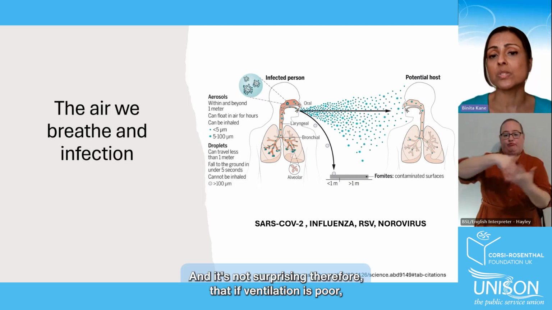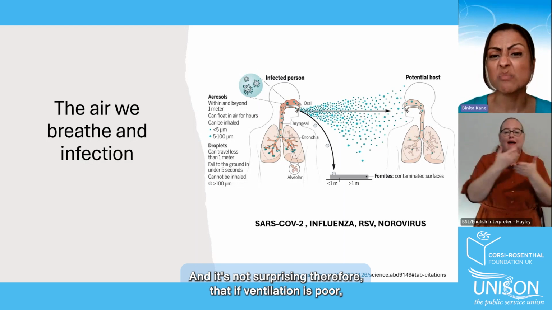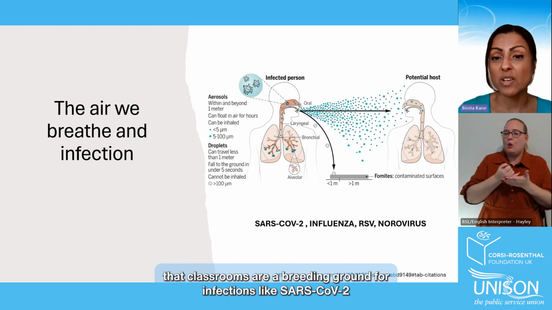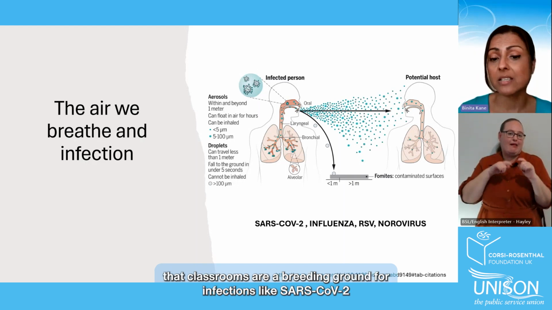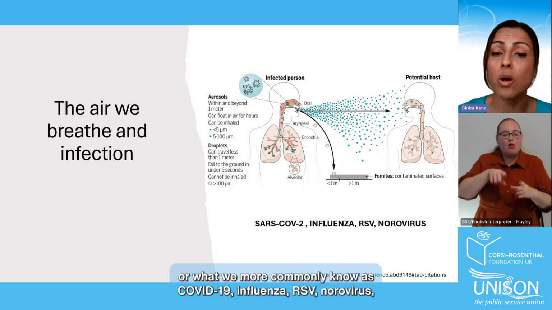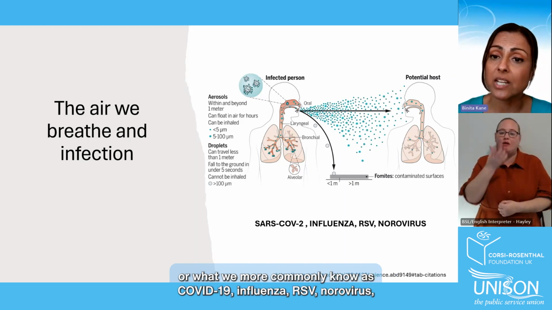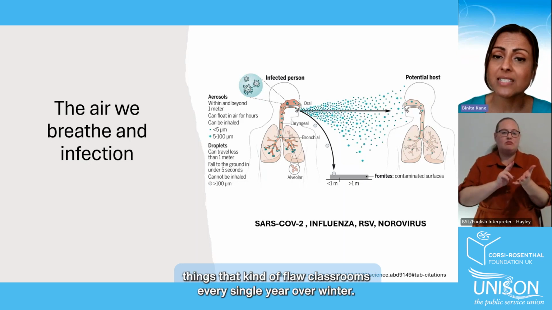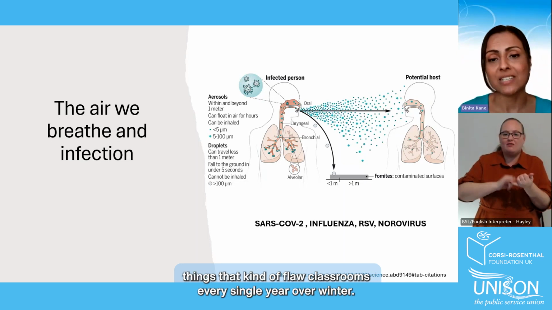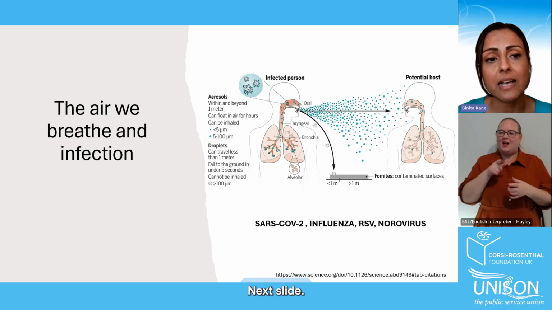And it's not surprising, therefore, that if ventilation is poor, classrooms are a breeding ground for infections like SARS-CoV-2, or what we more commonly know as COVID-19, influenza, RSV, norovirus, things that kind of floor classrooms every single year over winter.